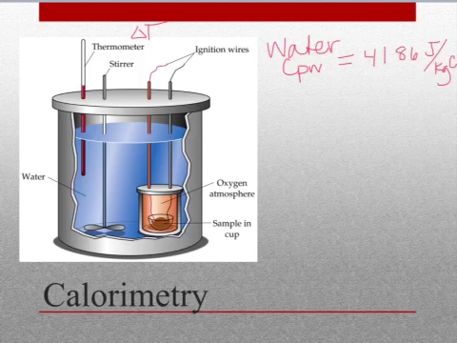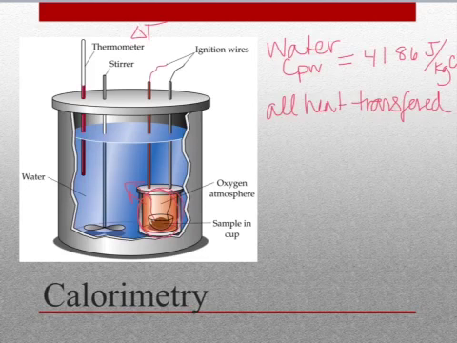An assumption that's made is all the heat of this material is transferred to the water. So all heat is transferred. And what this does is then we get that delta T. So we can use our equation to find out what has happened.